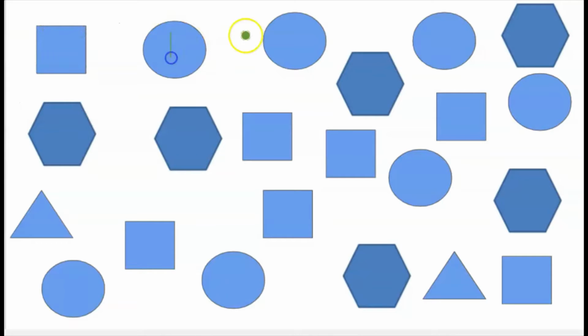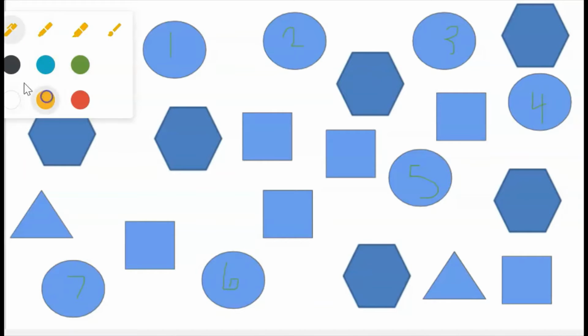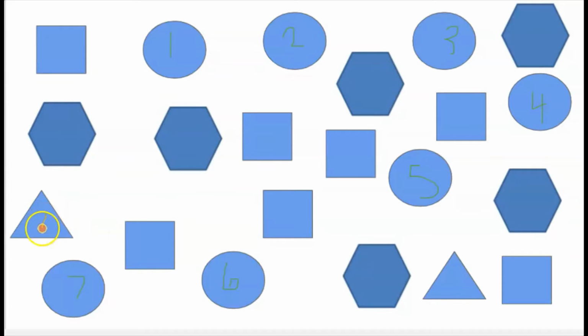Here we go. 1, 2, 3, 4, 5, 6, 7. We have 7 circles. Now, let's count the triangles. 1, 2. Which has more, circles or triangles?